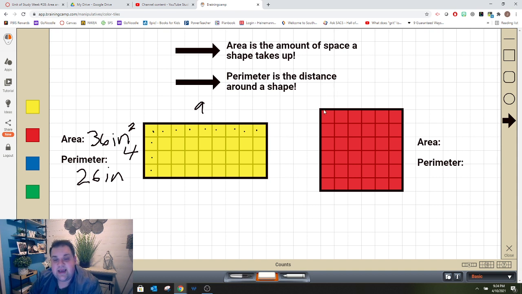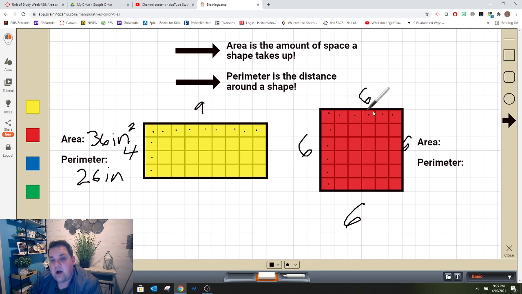All right, let's check it. So I know that there's 1, 2, 3, 4, 5, 6 columns. And there's 1, 2, 3, 4, 5, 6 rows. So this is a 6 by 6, and it's a square because all of the sides are 6.